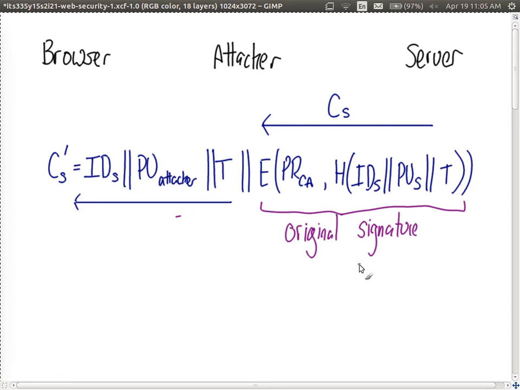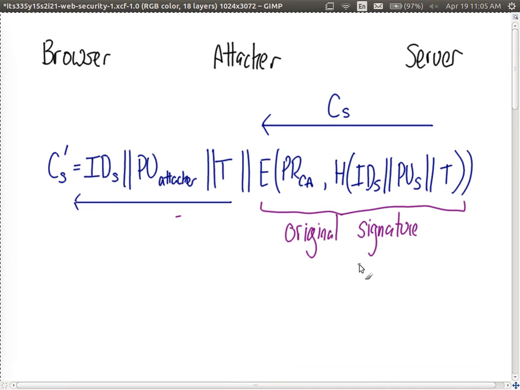Decrypt the signature using the public key of CA. You see this certificate has the public key of the website. You don't know it's modified yet.